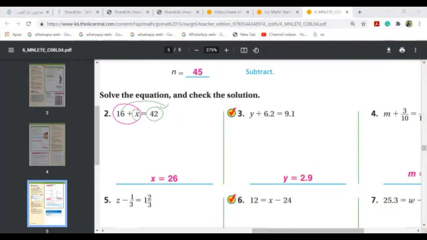I'll write x with pink color. x equals 42. And this is plus 16. It goes there and becomes? Minus. Simple. This is your answer.